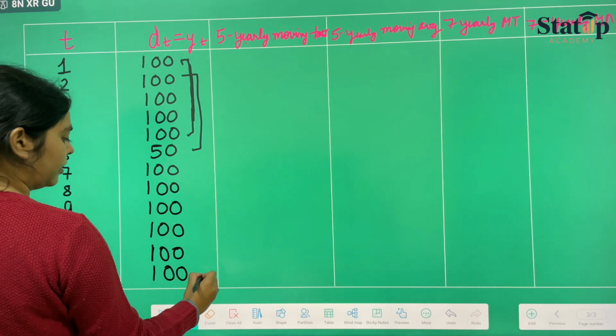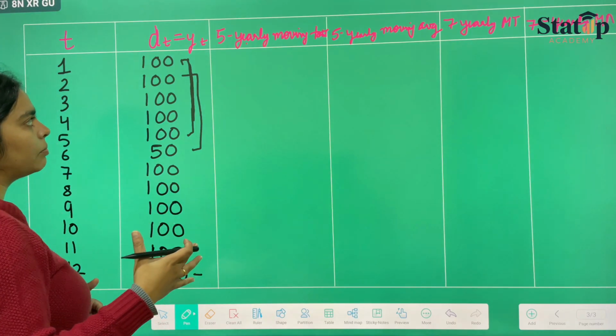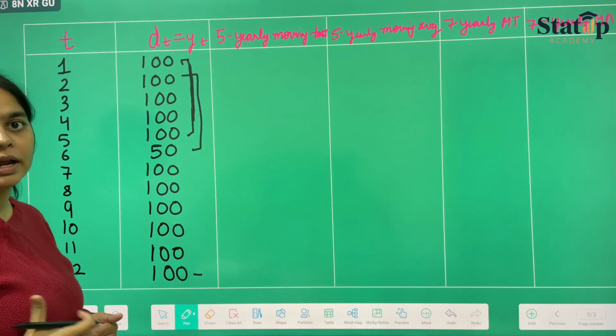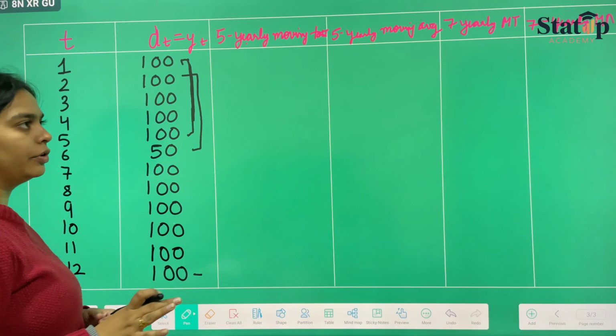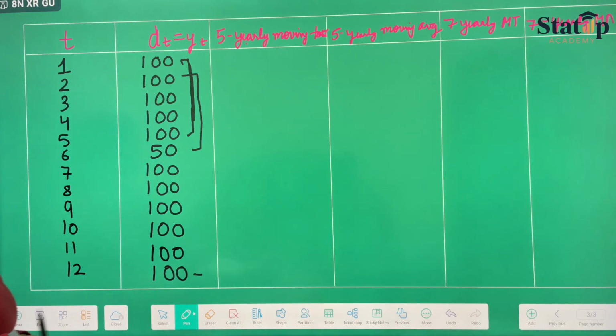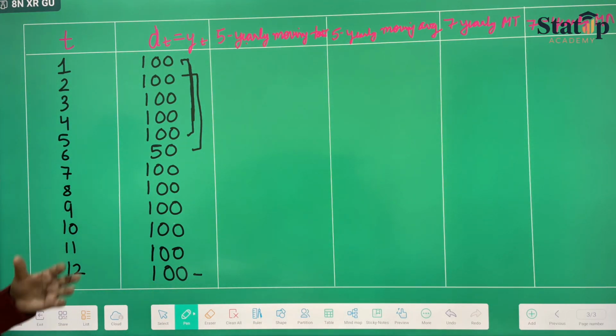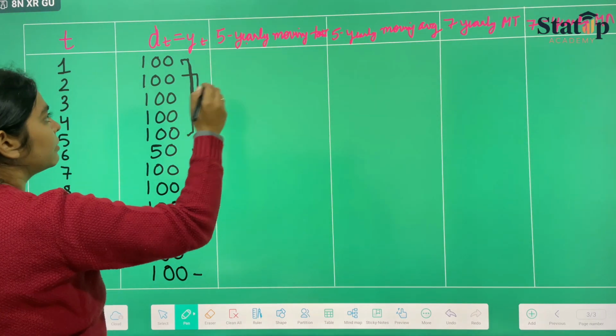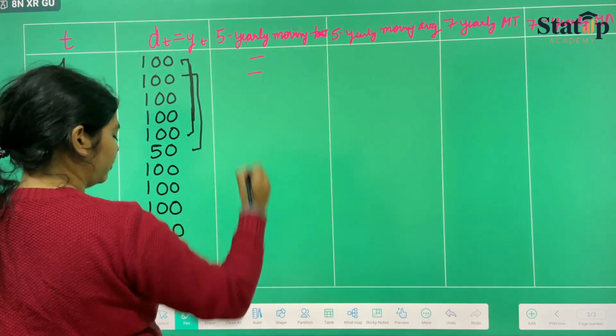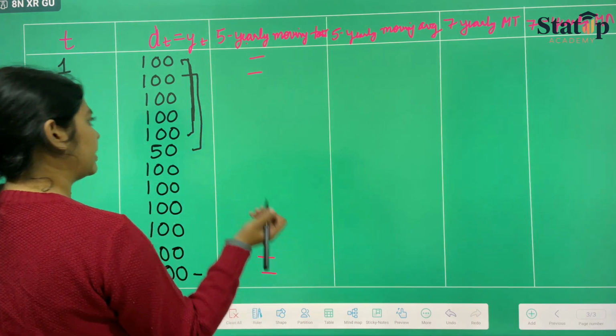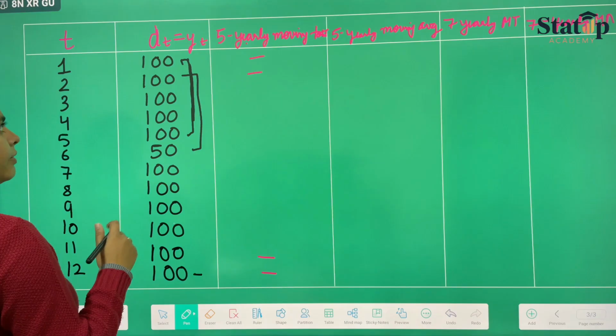If we reach till here, then we'll get total number as 10, sorry, not 10, 8 totals as 5 yearly moving total, because if we take m is equal to 12, then it will be 2k plus 1, so the value of k will be 8 only. So for 5 yearly, the first two and last two we'll skip, then we'll get 8 values out of 12.